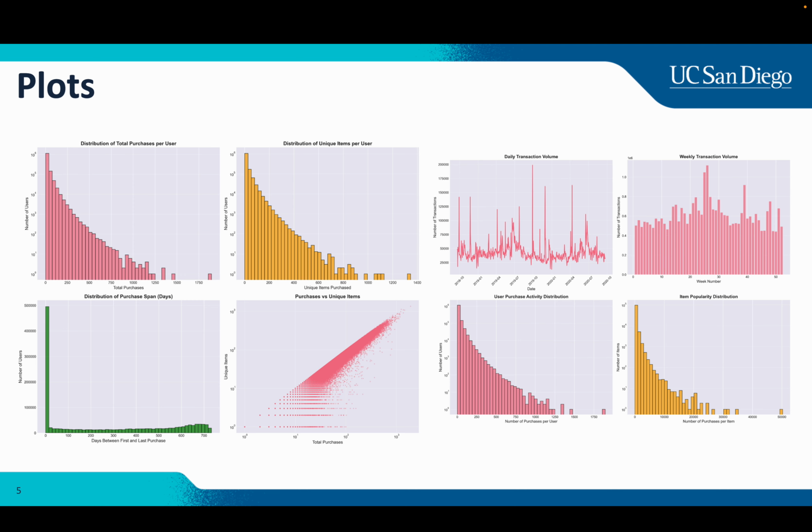So this slide contains a few plots to visualize how the data distribution is. So here we could see that there are a lot of users with lesser number of purchases, and there are relatively lesser users with higher number of purchases. The same here, we could see that there are more users who have purchased lower unique items.